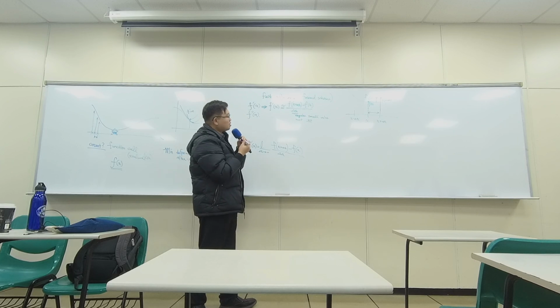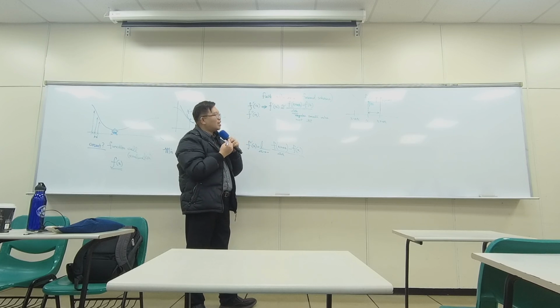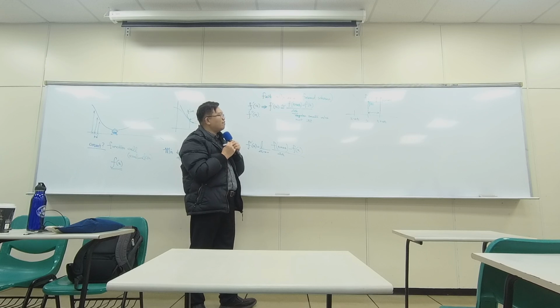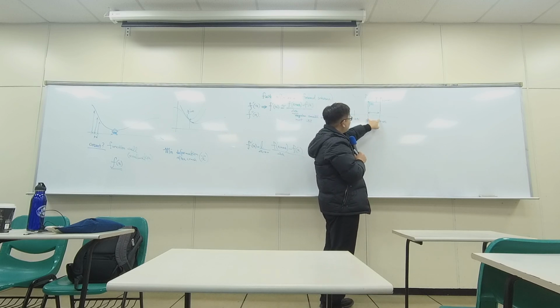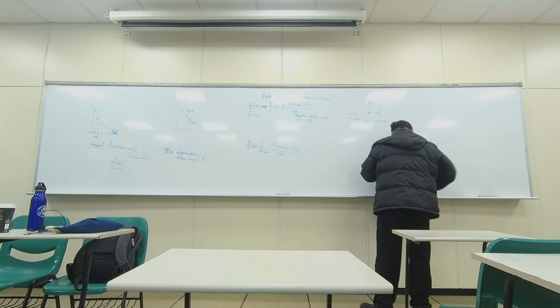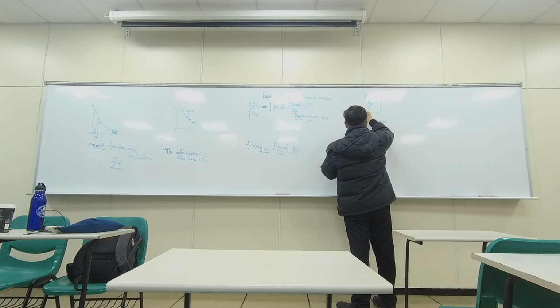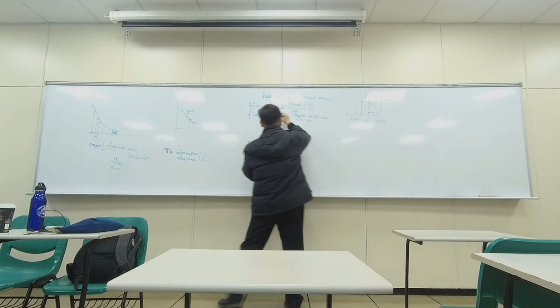Okay? But can I only estimate the slope with these 2 points? Maybe not. Maybe I can use these 2 points. Right? If you do that, then you are doing a different scheme.